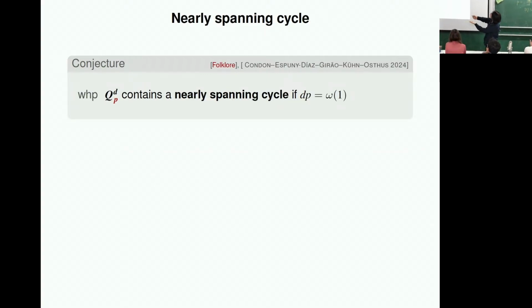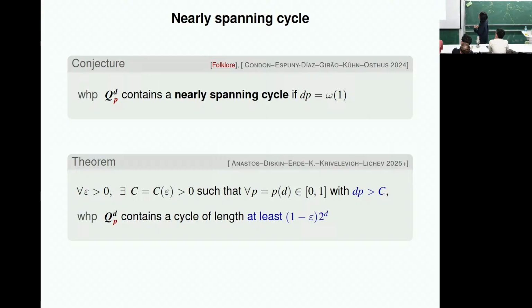And then there was a conjecture, even folklore, that authors and people believed that if the average degree grows, like log d, whatever function that is, the percolated hypercube should contain a nearly spanning cycle. Indeed, very recently we could confirm the conjecture in a stronger form. We can make a quantified version of the conjecture. Namely, if the average degree is a large enough constant, say 100, then you can guarantee a nearly spanning cycle.